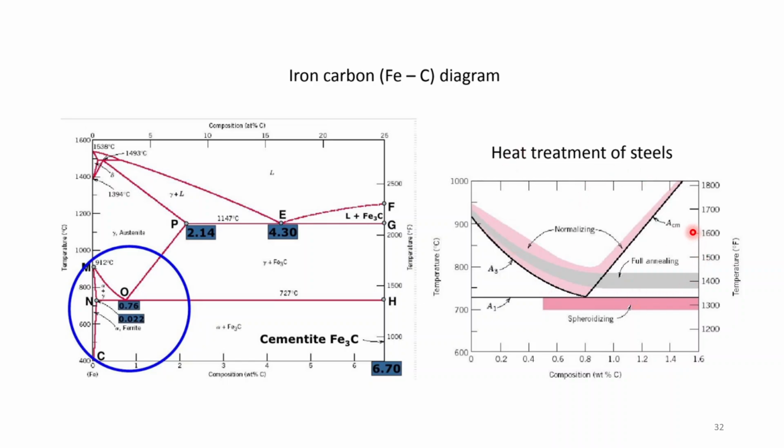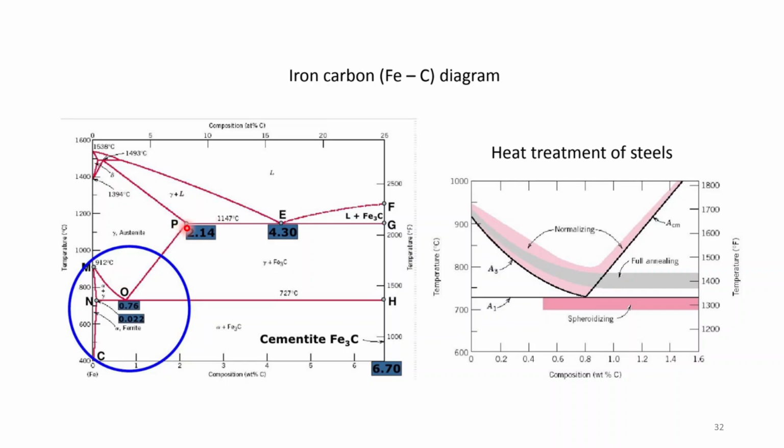This diagram again is for steel, heat treatment of steels, and the temperature ranges are shown for normalizing, for full annealing and for spheroidizing. A1, A3: A1 is the lower critical temperature, A3 is the upper critical temperature, and ACM is again the upper critical temperature in case of hypereutectoid steel, for cementite transformation.